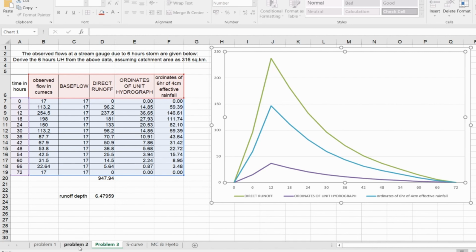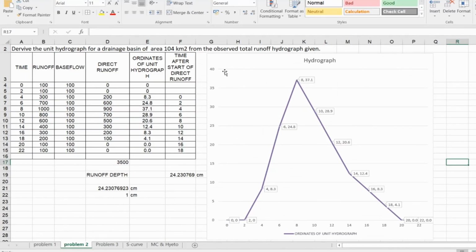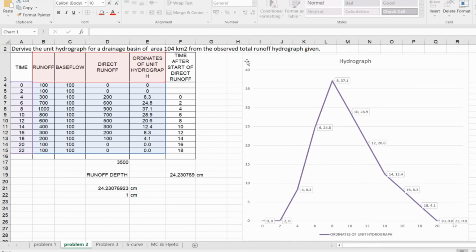Now, previously whichever problem we solved, I want to go back to that. This is the problem we had solved, and in this problem also we can solve for the ordinates of the unit hydrograph. Here we have the unit hydrograph. Similarly, I can solve for the ordinates of 6 centimeter effective rainfall.